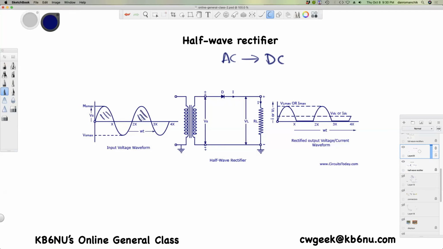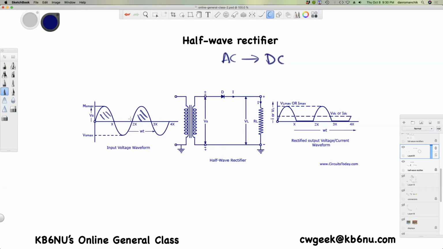This is called a half-wave rectifier because it's rectifying half of the cycle. Should really be called a half-cycle rectifier, I guess. But we call it a half-wave rectifier.